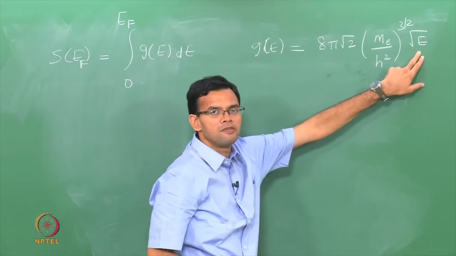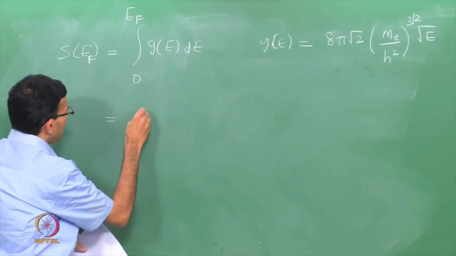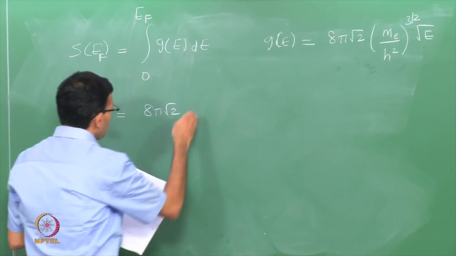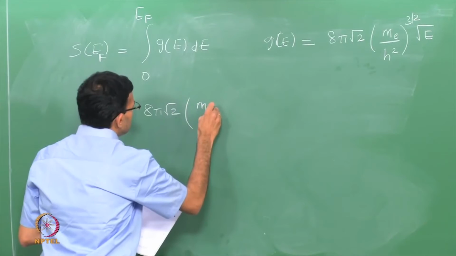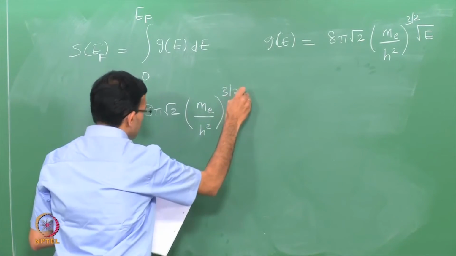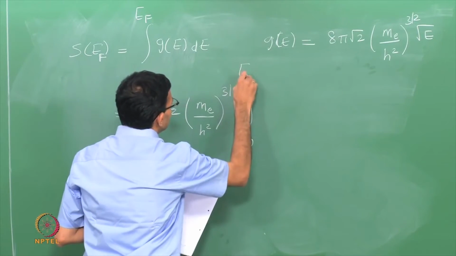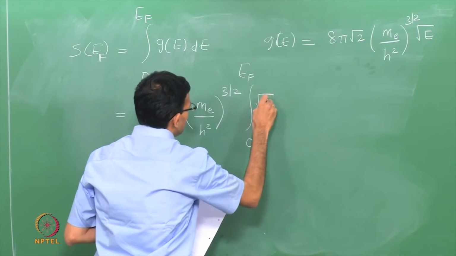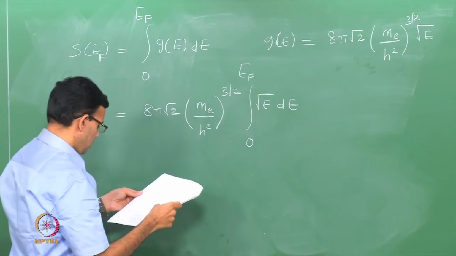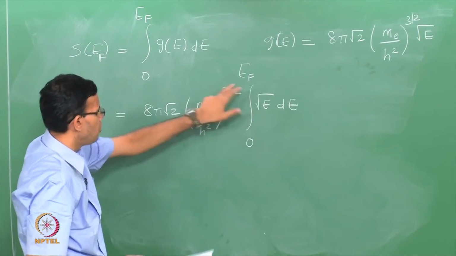The only term that is a function of energy is E. So in this expression you can take the constants outside. We can do the integration and then substitute the limits 0 and EF.